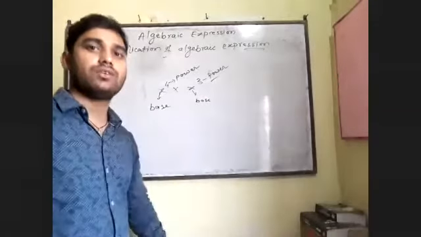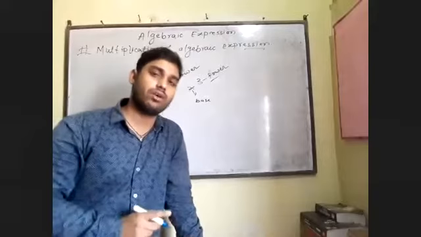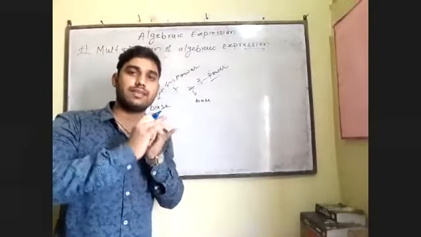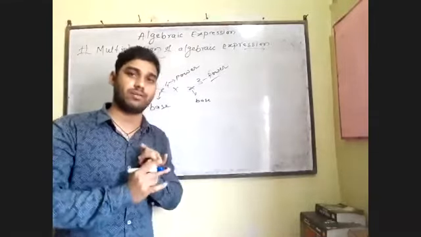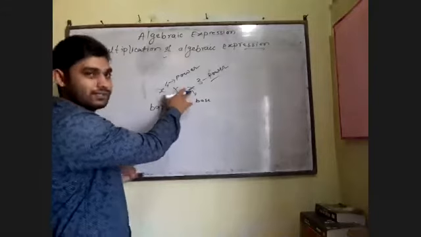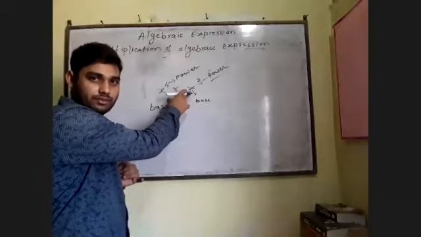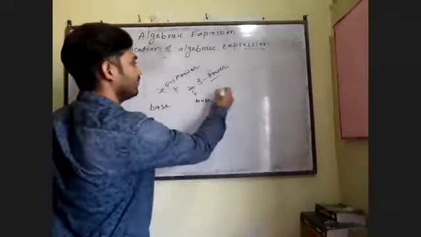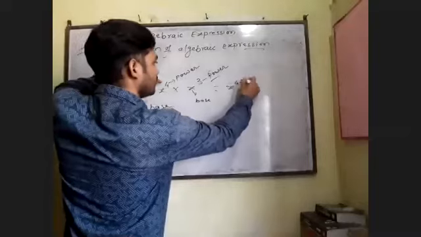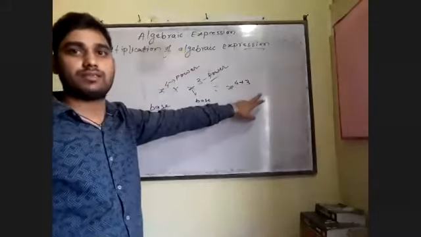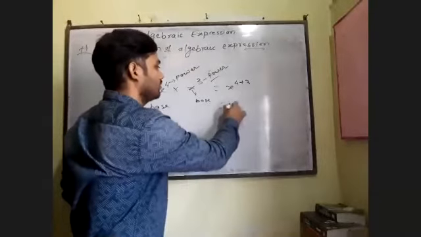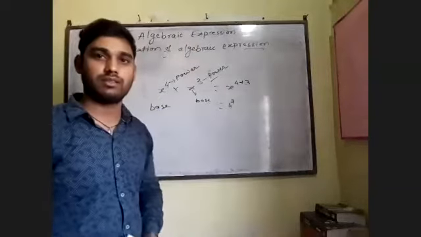So one law in exponent is: if the bases are equal, the same, then we can add their powers. So what is the base here? x and x, both are the same. So we can add their powers, like x to the power 4 plus 3, that is 7.